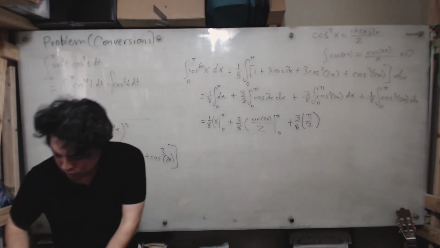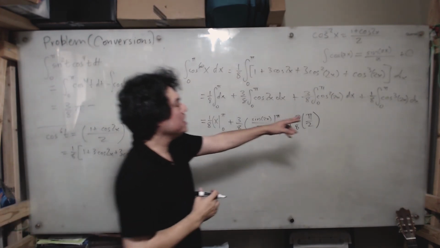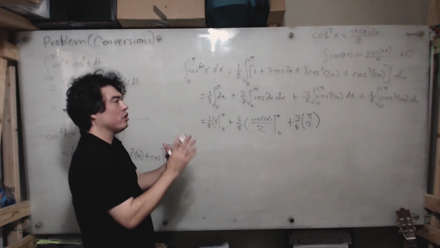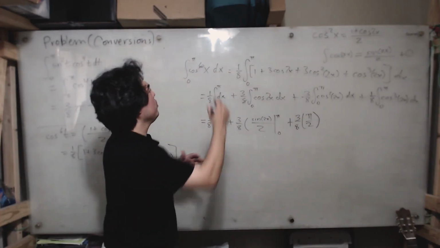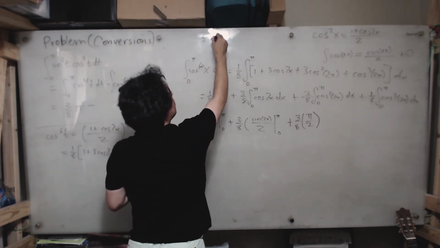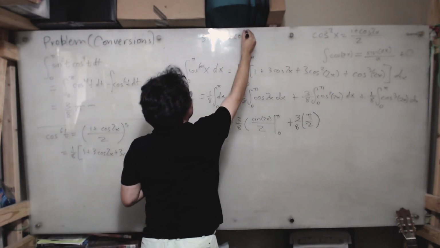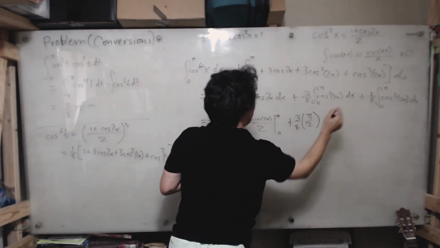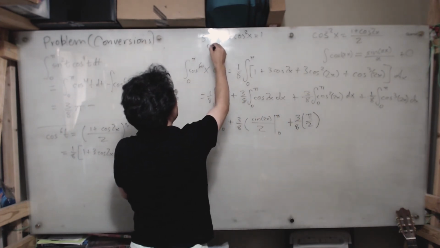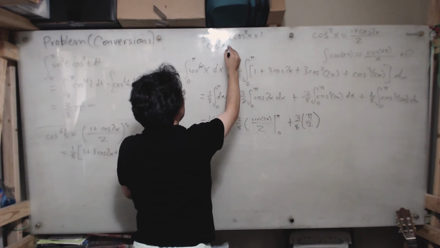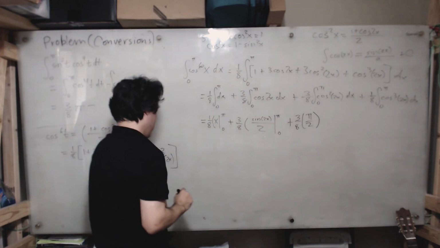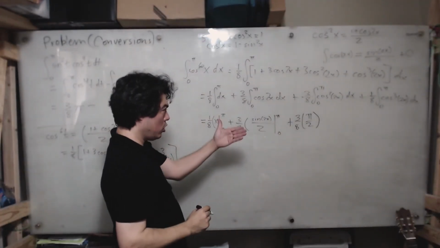Now, this final integral, I'm going to do it here on the bottom because this integral deserves our careful attention, and I want to remind you that the sine squared of x plus the cosine squared of x equals 1, and therefore, for our case, we can see that the cosine squared of x equals 1 minus the sine squared of x.